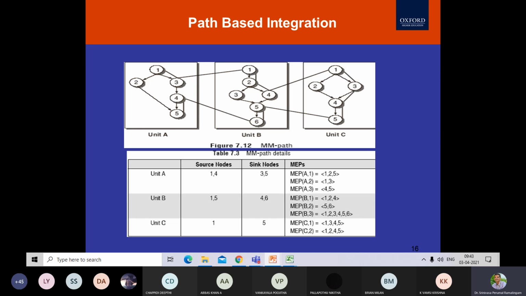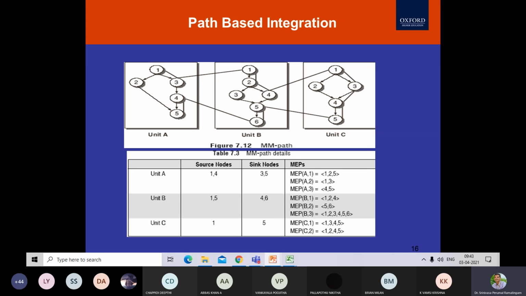Here, from which node are we passing a value to unit B, from unit A to unit B? You see that link, 1 and 4. We are passing something from unit A to unit B, that is 1 and 4.